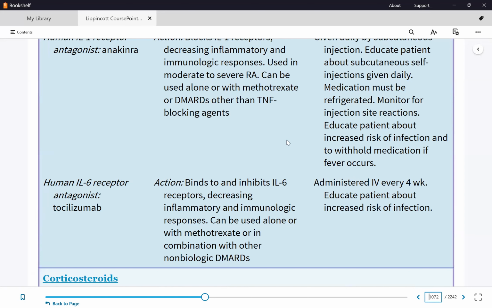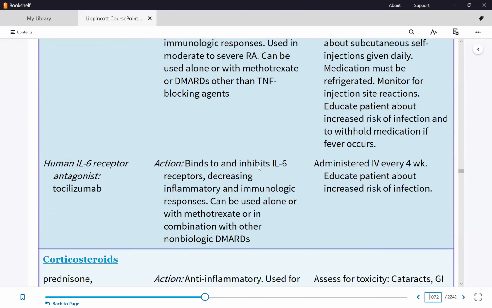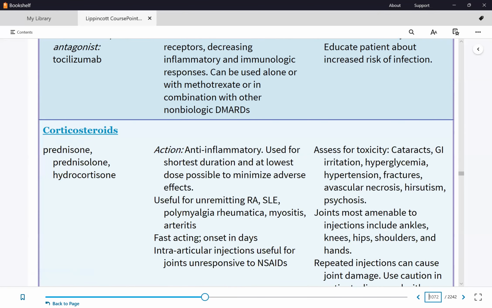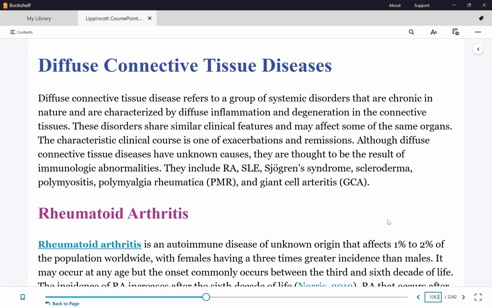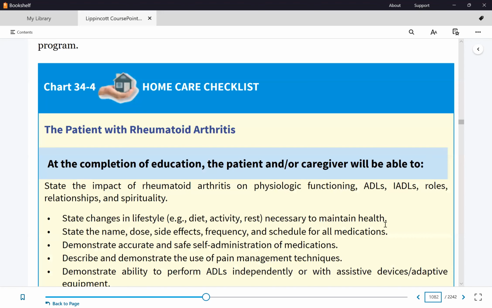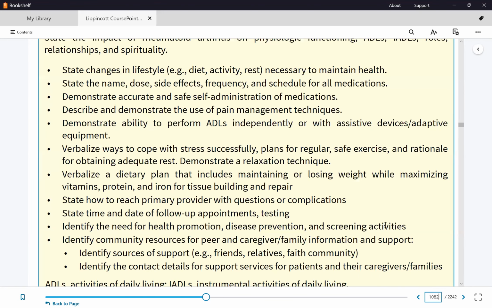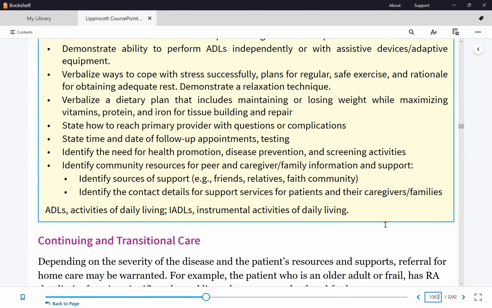We had the chart here. Yeah, so this is the discharge, chart 34-4, page 1082. That's it. So what do we have next week? Quiz next week will be on myasthenia gravis and rheumatoid arthritis. Also, what about rheumatoid arthritis? This is just the therapeutic side, right? Not the medication side.